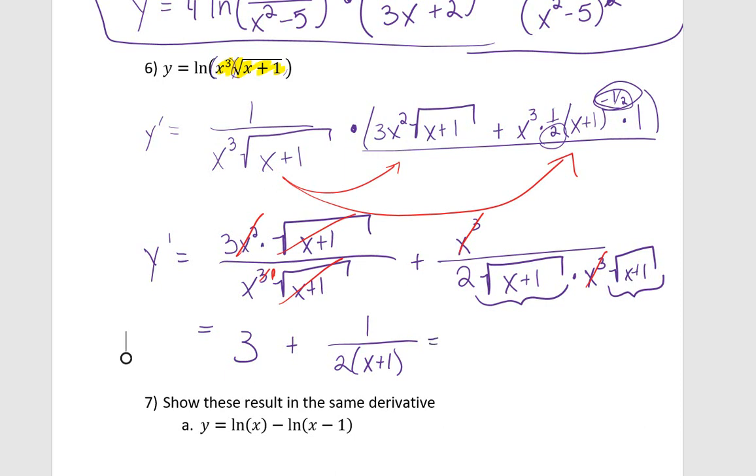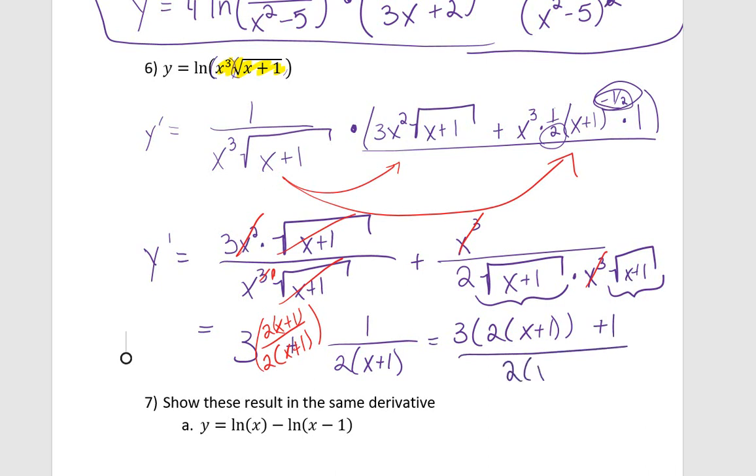So that would be the same common denominator before we can put these together. So we're going to multiply this one by 2 times x plus 1 over 2 times x plus 1. So what that's going to give us is 3 times 2 times x plus 1, plus 1, all over that same common denominator of 2 times x plus 1, which, let's see, so that'll be 2x plus 2, and then times 3, so that'll give us 6x plus 6 plus 1.